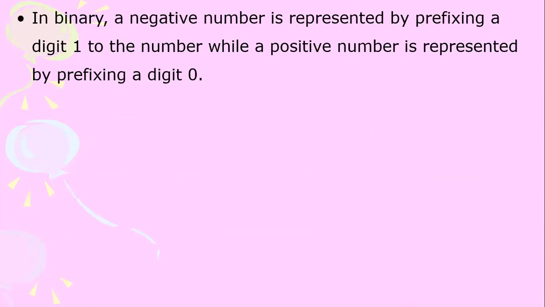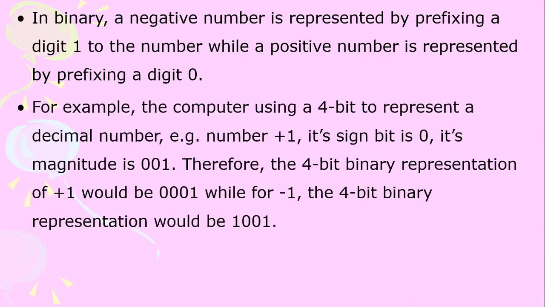In binary, a negative number is represented by prefixing a digit 1 to the number, while a positive number is represented by prefixing a digit 0. For example, the computer using 4 bits to represent a decimal number, for example +1, its sign bit is 0, and its magnitude is therefore 0, 0, 1.